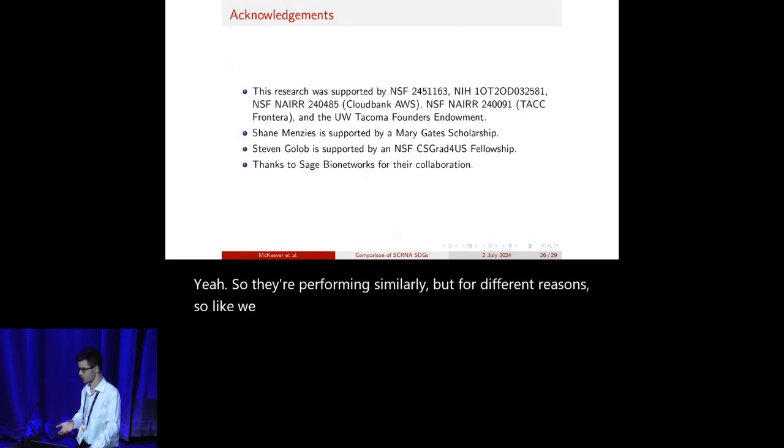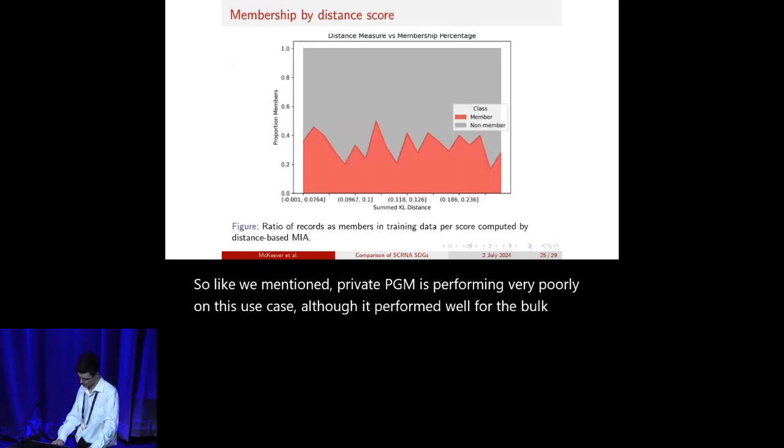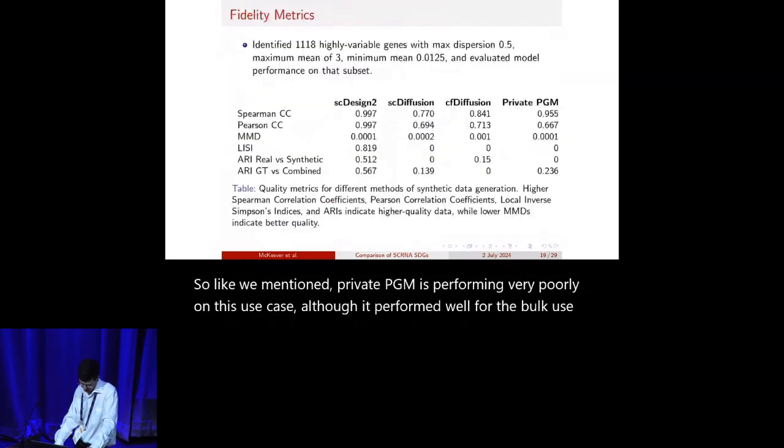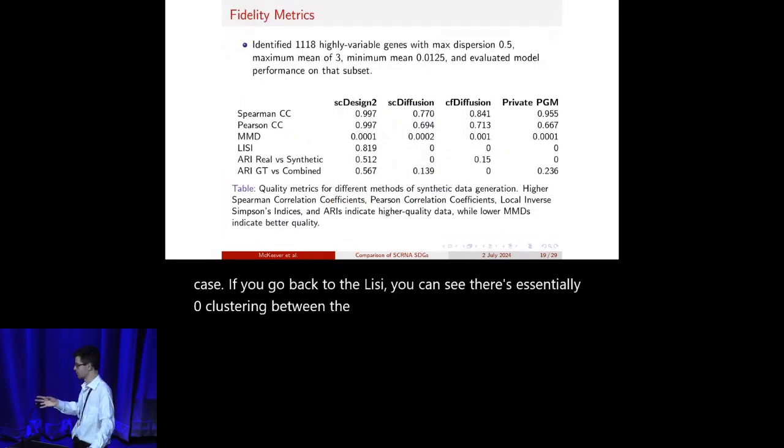Like we mentioned, private PGM is performing very poorly on this use case, although it performed well for the bulk use case. If you go back to the LISI, you can see there's essentially zero clustering between the synthetic and the real data.